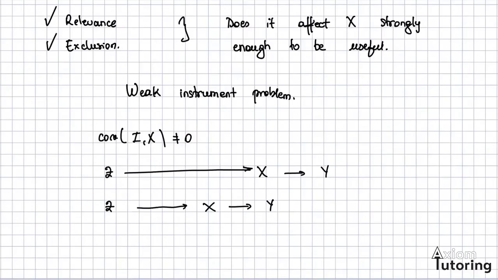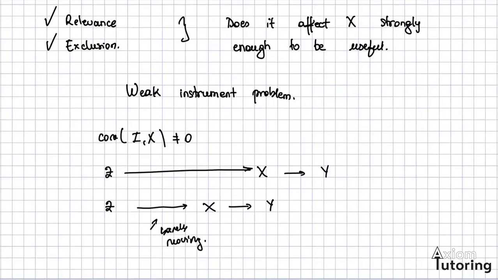Both satisfy the relevance condition, but this one is barely moving the X, right? It's barely pushing it. The strong instrument provides abundant, clear variation, while the weak instrument provides almost none. And IV can only work with the instruments that are basically provided.